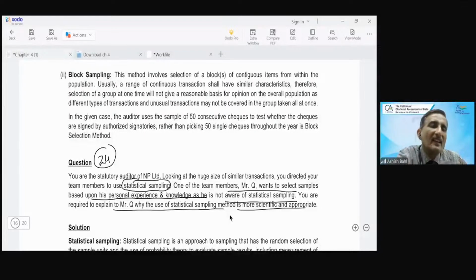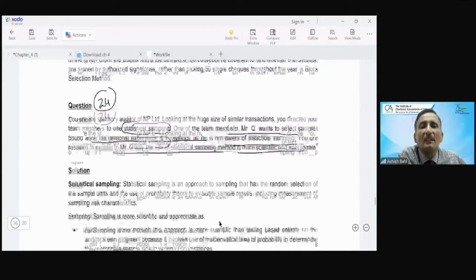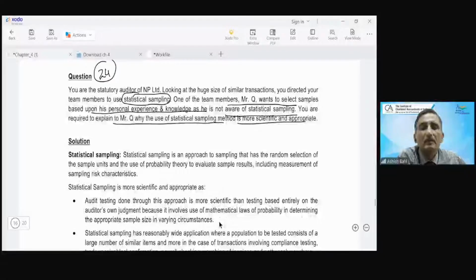You have to just write the definition of statistical sampling. That is, in statistical sampling, there is random selection of samples and use of probability theory to evaluate sample results.